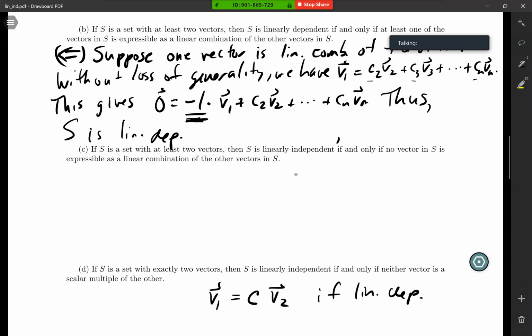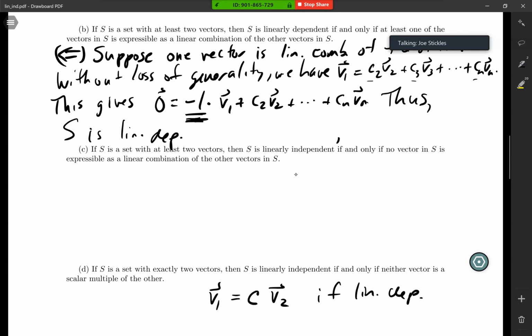Okay. So if it's going to be linearly dependent, one vector has to be a linear combination of the others. Well, the others is just the other. So that means that one has to be a constant times the other for linearly dependent. So if it's going to be linearly independent, this can't happen. It's not a scalar multiple of the other.